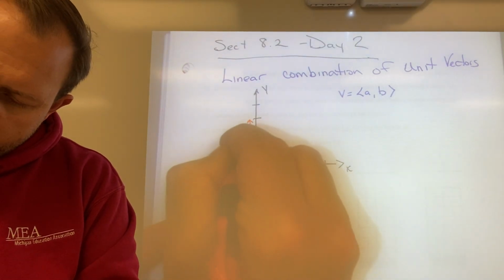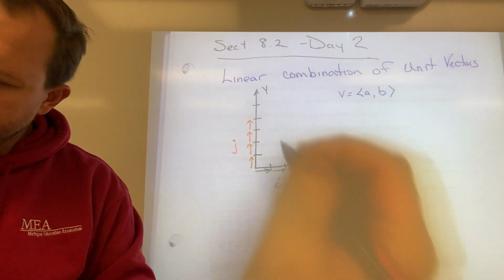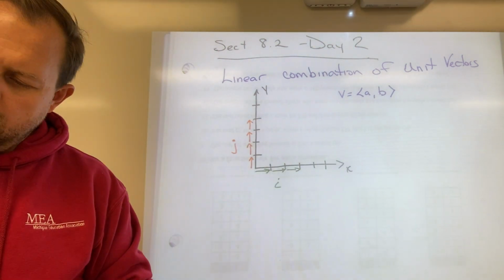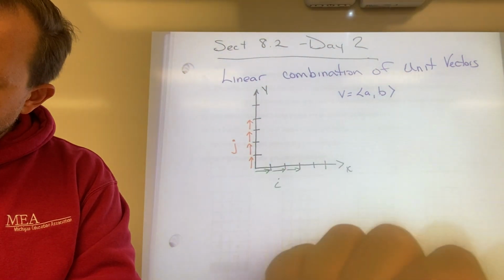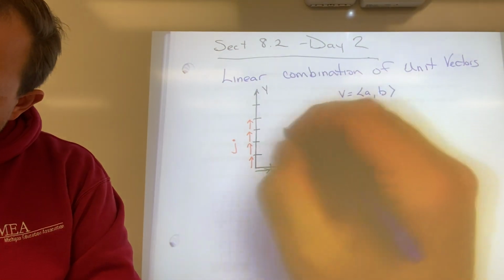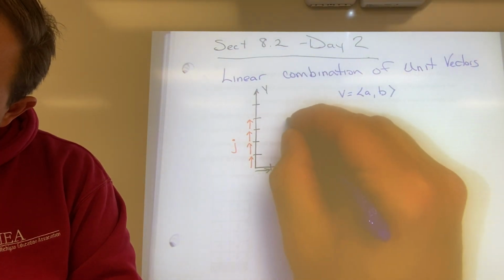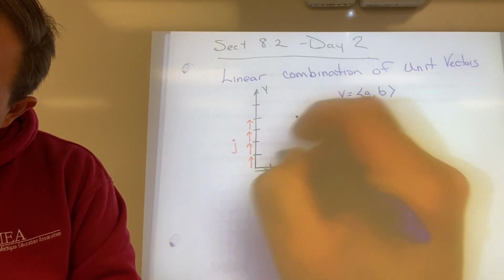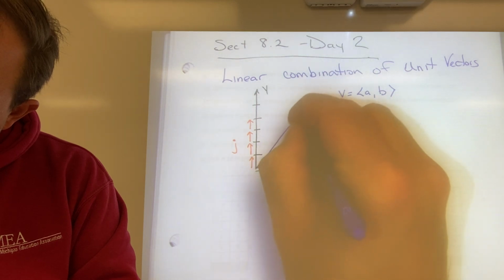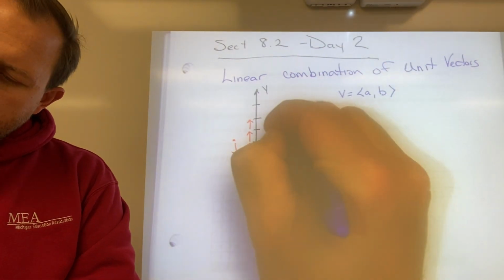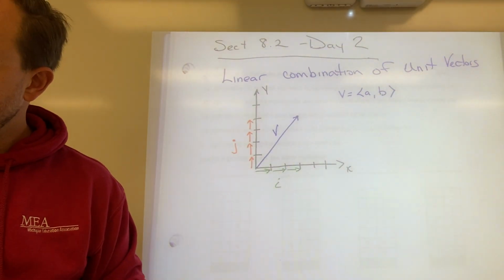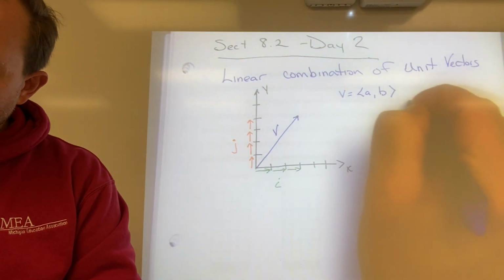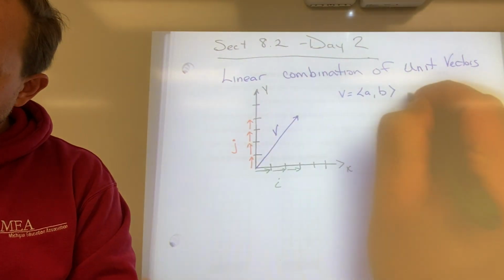I'm going to refer to that as J. And so our resulting component form here, or the combination of these, is up 4 over 3 is vector v.